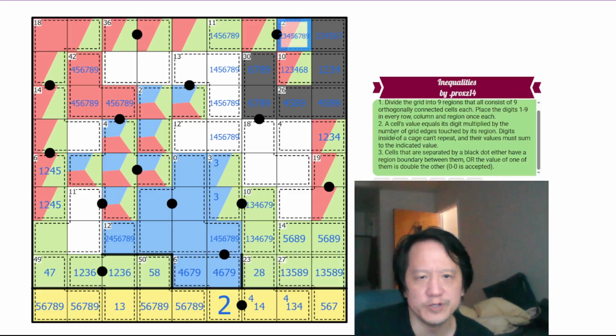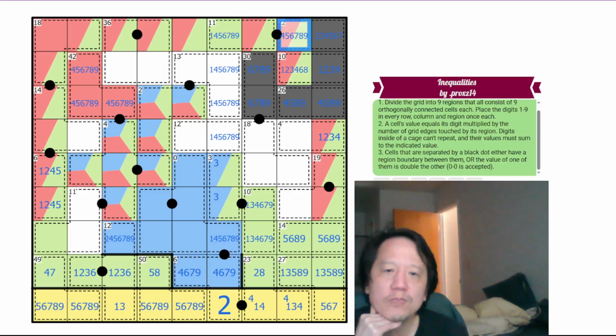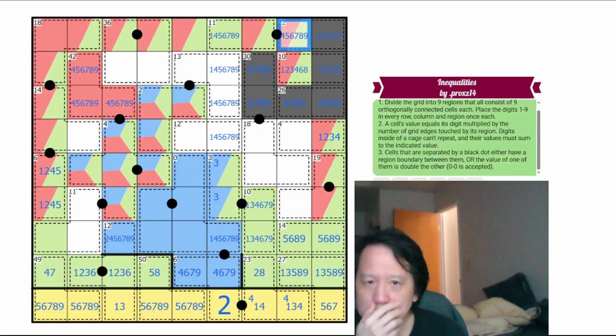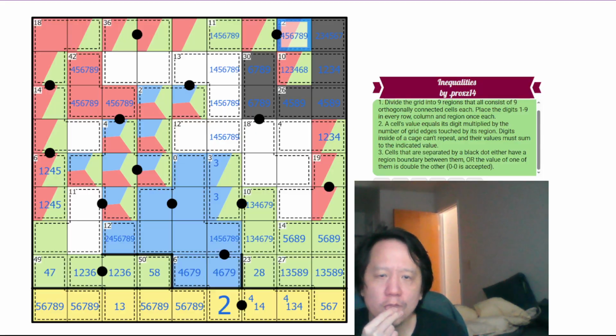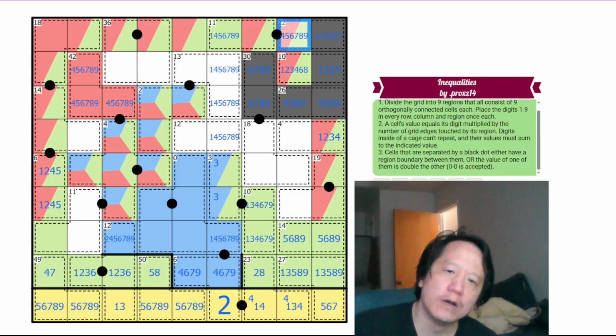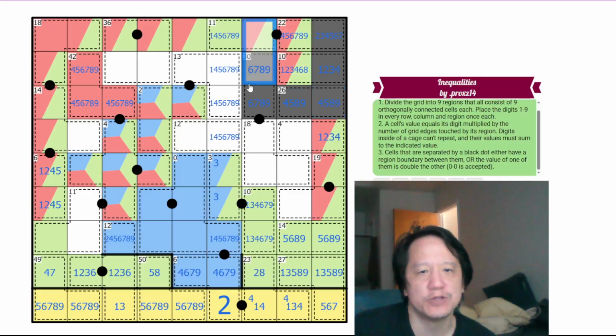This can never be 2. Because if this were 2, even if it's doubled, that's 2 plus 7 doubled, which is 18. Same with this, it can't be 3 either. Oh, that's interesting. So, if these are doubled, they must be part of this region.